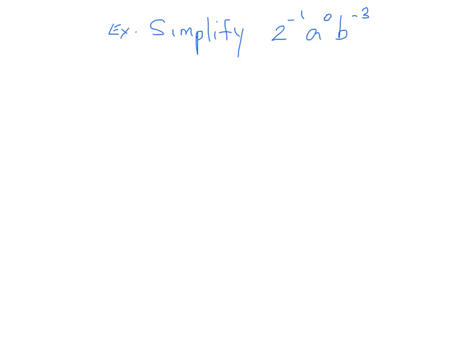Our minds don't wrap so well around 0 and negative exponents. The first thing that I want to do personally is get rid of that zero exponent. I'm just going to rewrite everything else. We know that everything to the power of 0 is 1, so I'm going to replace a to the 0 with 1, and then rewrite everything else.